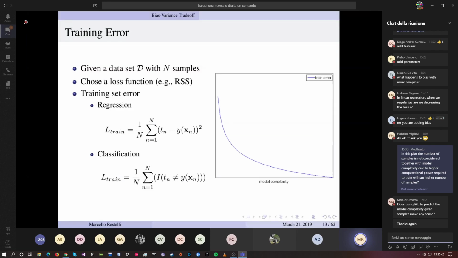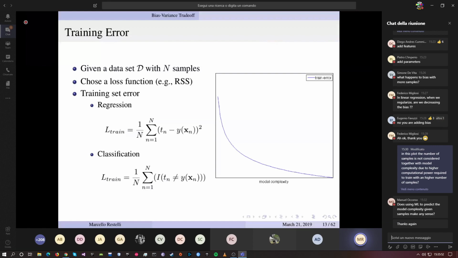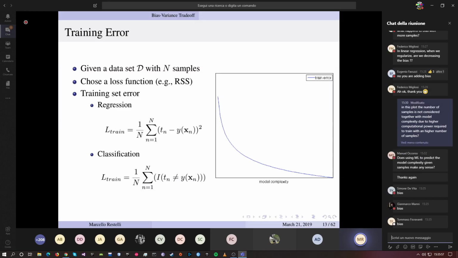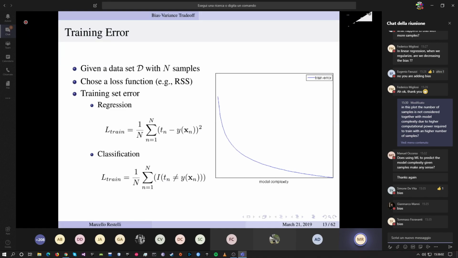In particular, increasing the model complexity, what goes to 0? The variance or the bias squared? Yes, increasing the model complexity, you are reducing the bias, not for sure the variance. And so we can say that the train error can be a good approximation of the bias of your model. So when you measure the train error, you are somehow measuring something that is quite closely related to the bias.